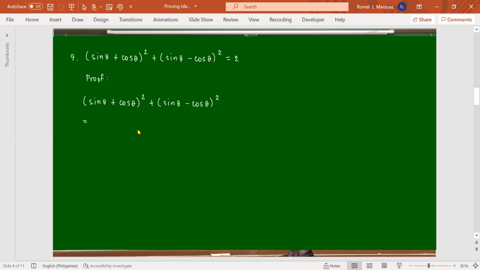Although technically it's not binomial because it involves sine theta and cosine theta, not terms in a polynomial, no? So let's square this one. Square the first, plus twice the product of the first and the second, plus the square of the second.